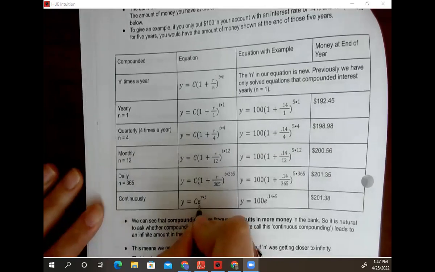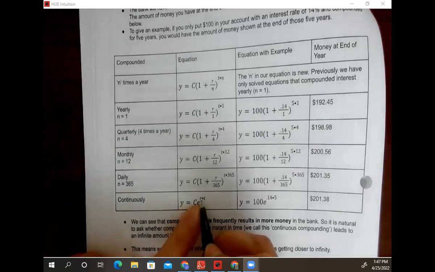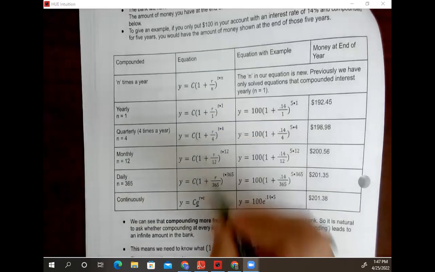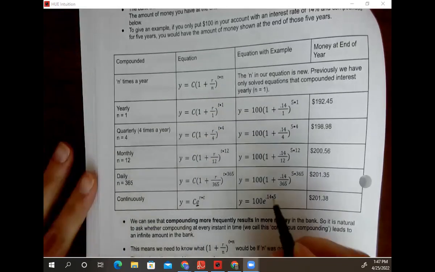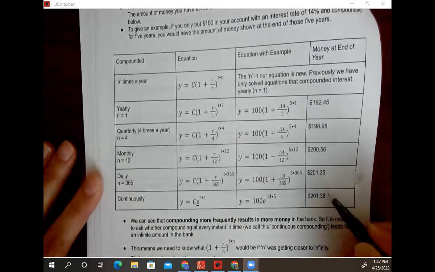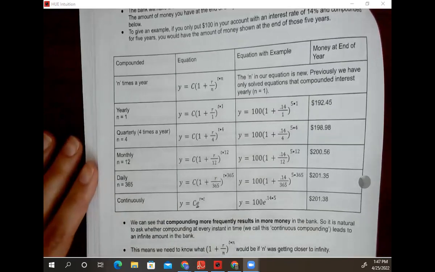And here's where E starts to pop in. C is still the initial amount of money that we started with, R is still my rate, and T is our time in years, just as T was our time in years above. For our $100 example, there's our $100 at 14% for 5 years, and we get even just a little bit more money compounding continuously.